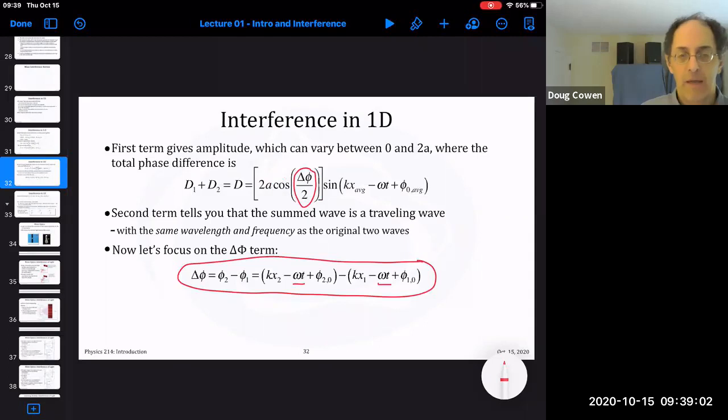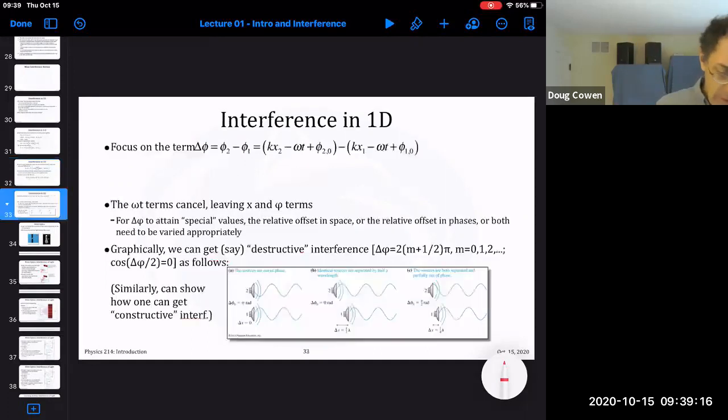We have a minus omega t from the phi 2 term and a minus omega t from the phi 1 term, so those just cancel each other out. There's no time dependence. That leaves terms that depend on position x and this phase constant.